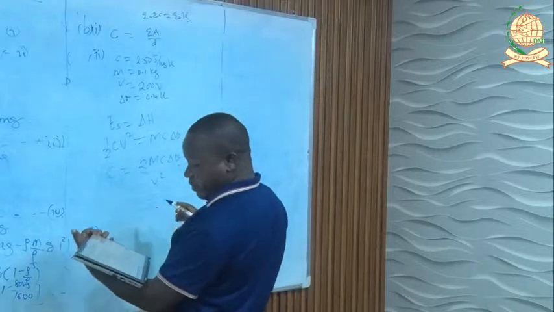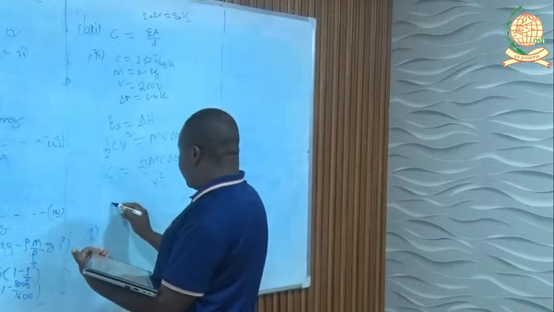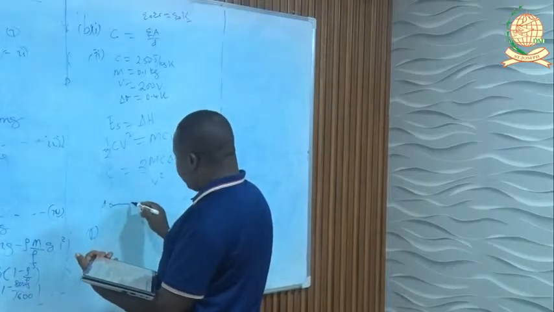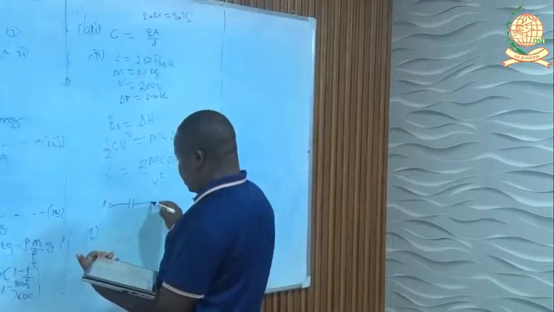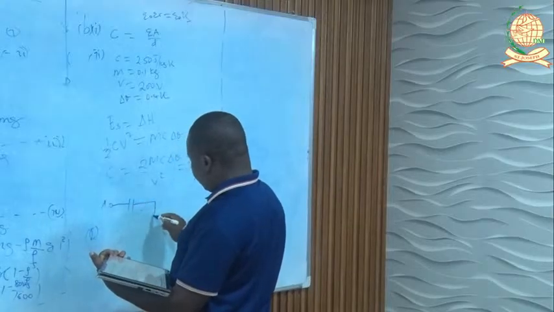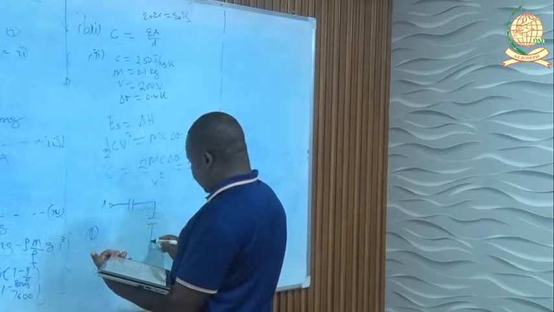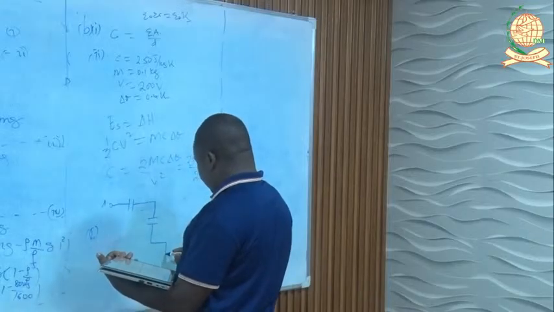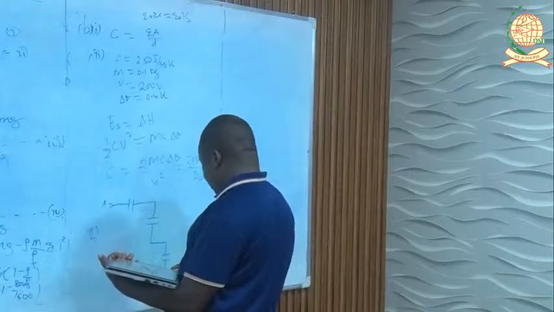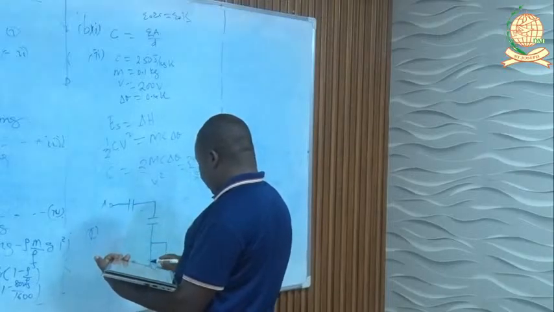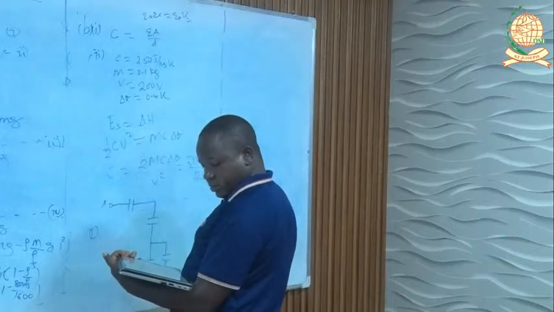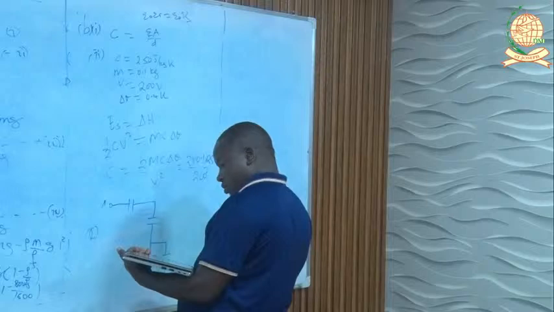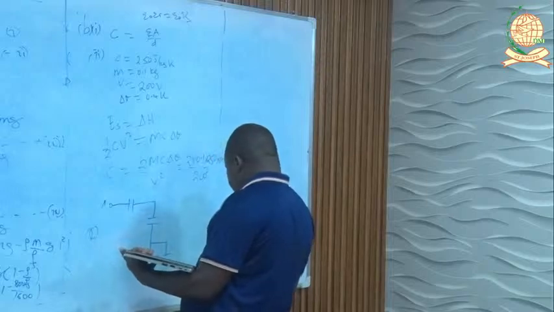So we have been given the point A here, the first capacitor C, and the point B is here.